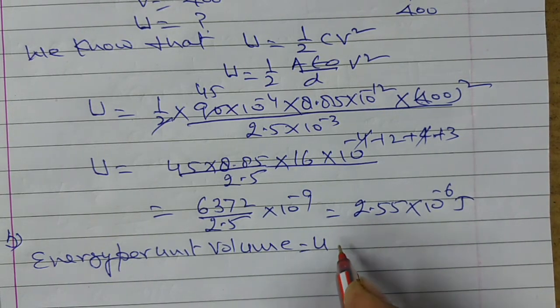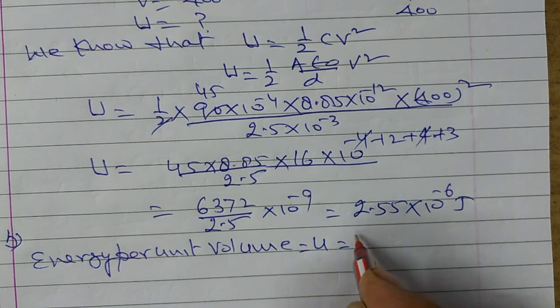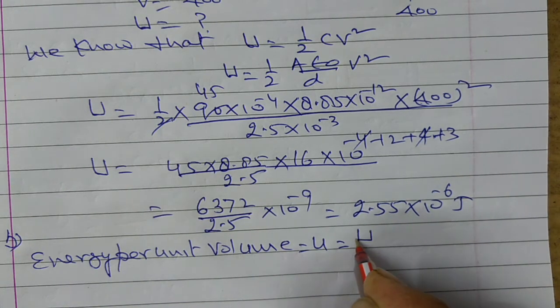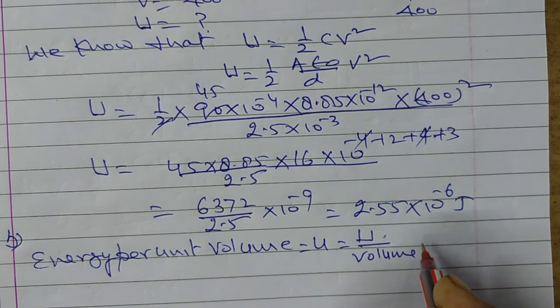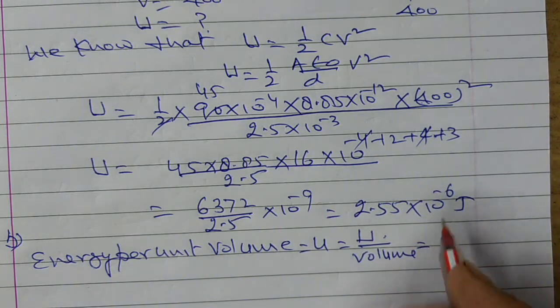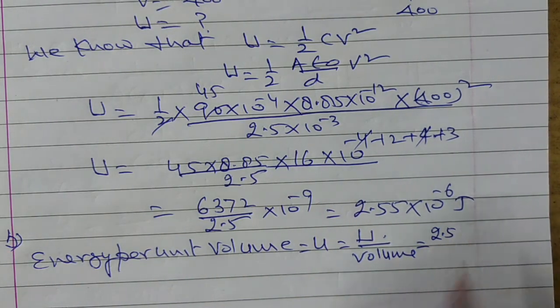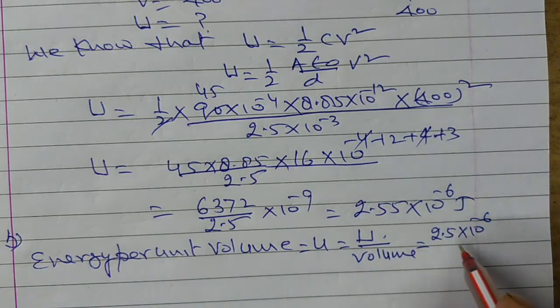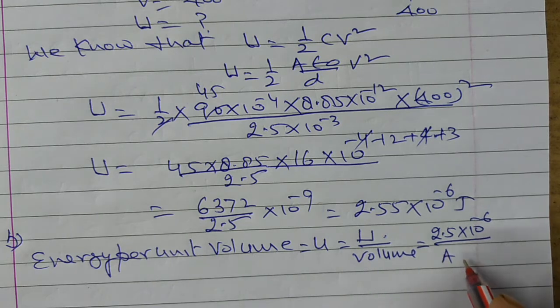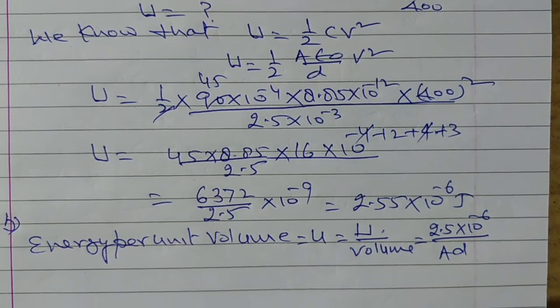small u is equal to total energy capital U upon total volume of the parallel plate capacitor, and total energy is 2.55 into 10 to the power minus 6, and the volume is area into separation between the plates.